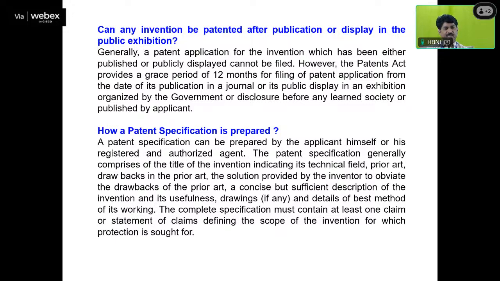Next is how a patent specification is prepared. Whenever we are applying for a patent, the things we should include in that patent application are known as the patent specification. A patent specification can be prepared by the applicant himself or herself, or by his or her registered and authorized agents. So if I am going for a patent, I can prepare it on my own.